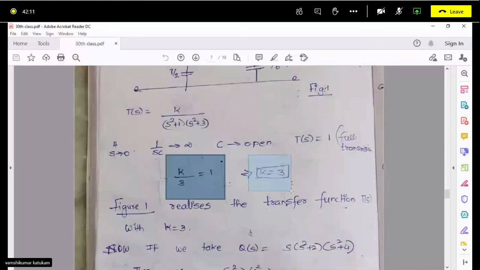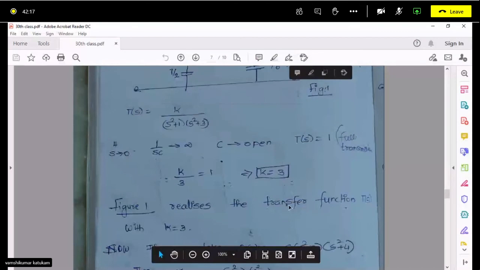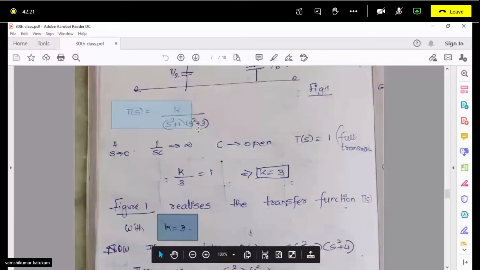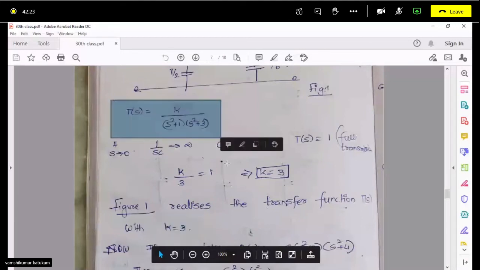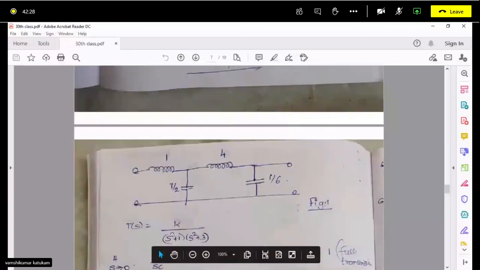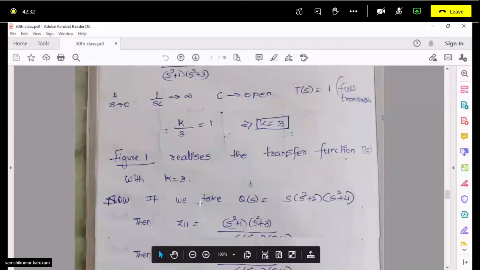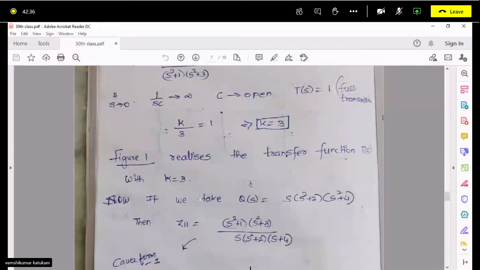So this figure realizes the transfer function T of s with K equal to 3. That is how you synthesize this transfer function, because it is in 1 by P form. This is the same as the first case in the RC network. Just a minute, give me 1 minute.